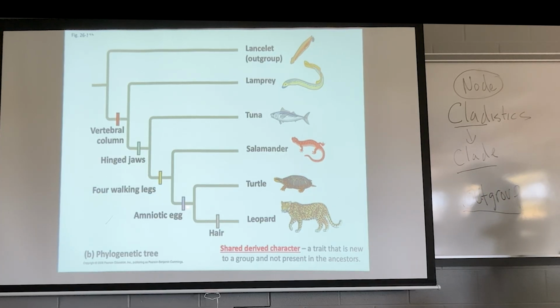So each one of these traits is a shared derived character or a synapomorphy that separates each of those groups from the others. We can trace them back to a common ancestor, right? If you follow the lines. So this would be the clade Vertebrata, or we call it a subphylum Vertebrata. All good?